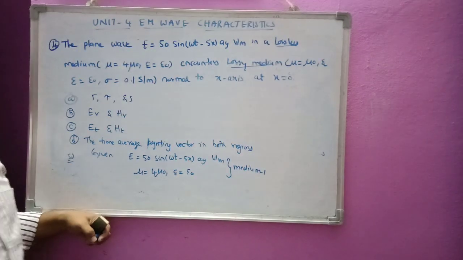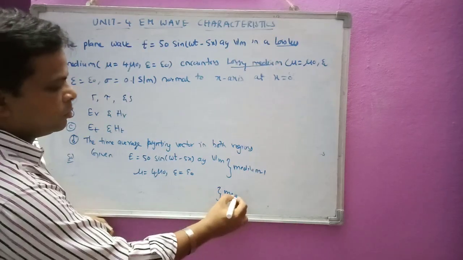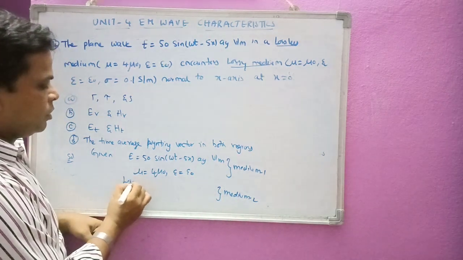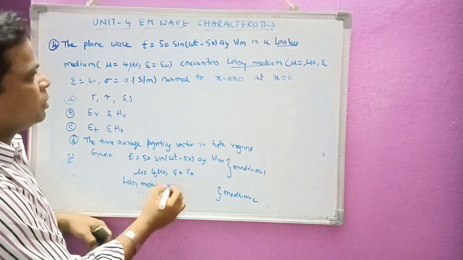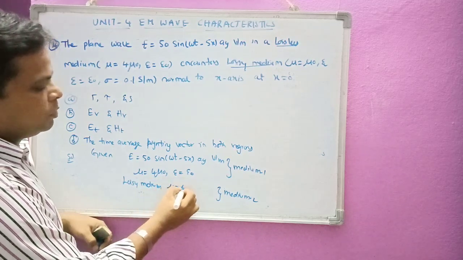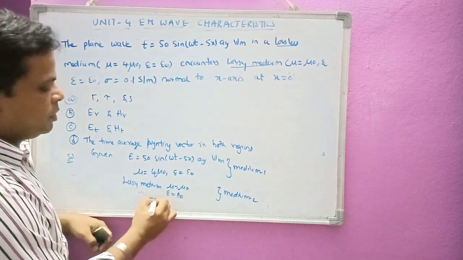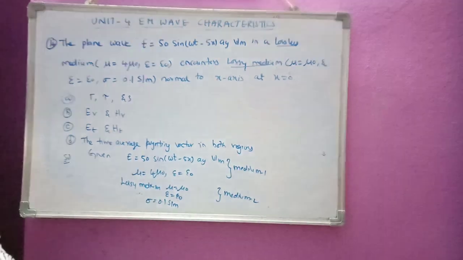For the lossy medium, medium 2, he has given mu equal to mu naught, epsilon equal to epsilon naught, and sigma equal to 0.1 Siemens per meter.